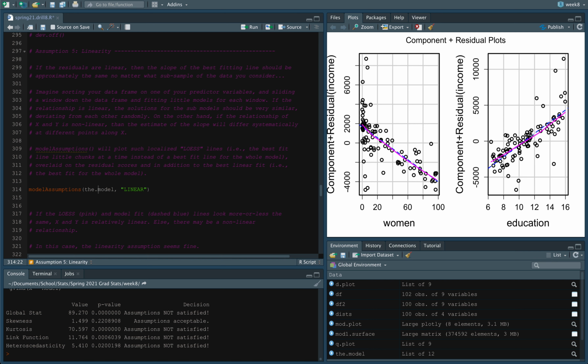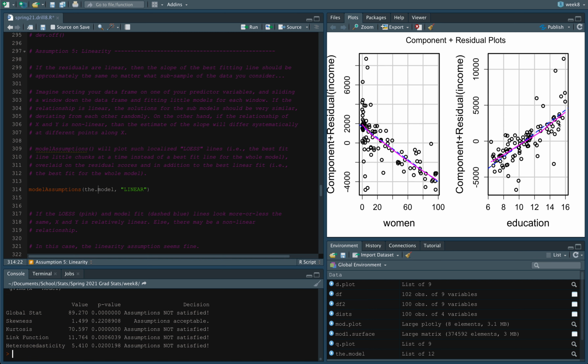That's what a lowess is, this pink line. It is a localized fit. And so if you have linearity of these predictors, then it doesn't matter. Your slope should be about the same between 6 and 8 as it should be between 12 and 14. And that should be the same as between 10 and 12.